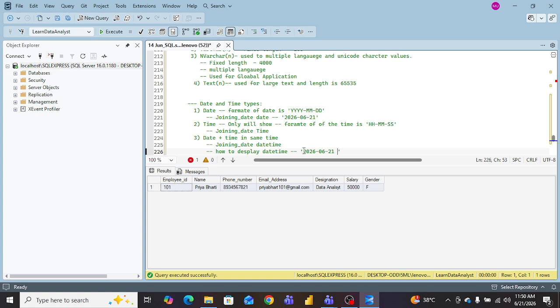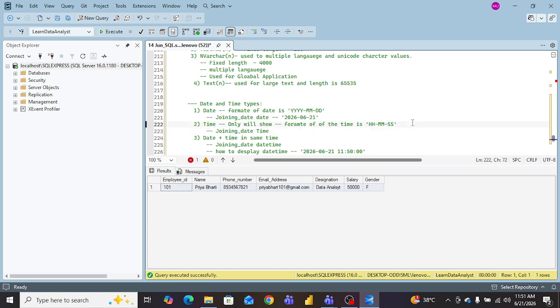Now, what is the time today? The time is 11, 15 minutes. That is the date and time it will show. And what time will show here? The time also shows, definitely.